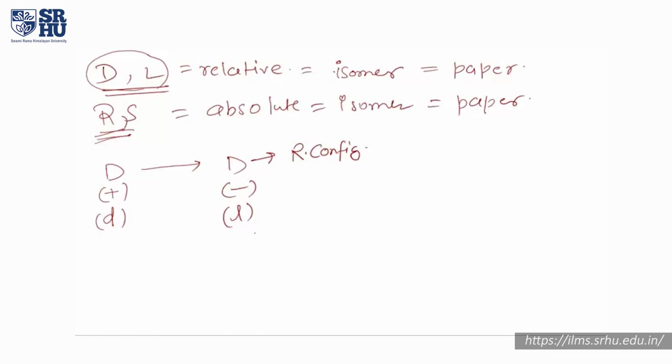Now, you may ask, what if we have more than one OH group in the molecule? Like for example in carbohydrate chemistry. Let us take the example of glucose.